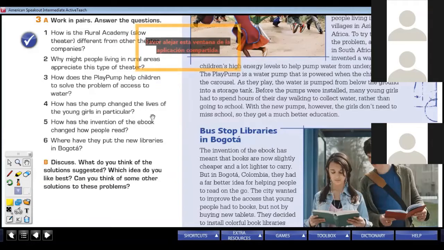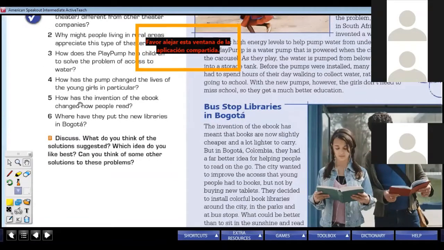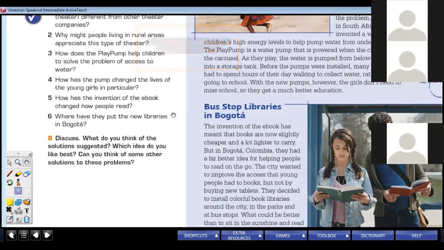Because they took a lot of time pumping water out of the ground, and now they can have school time, and also playtime. So yeah, very good, Miss Madeline. It was great. Number 5: how has the invention of the ebook changed how people read? What do you think?